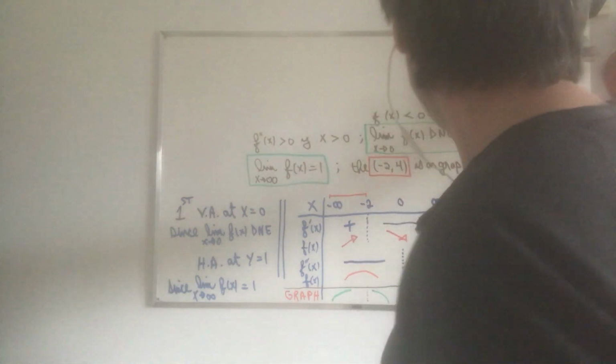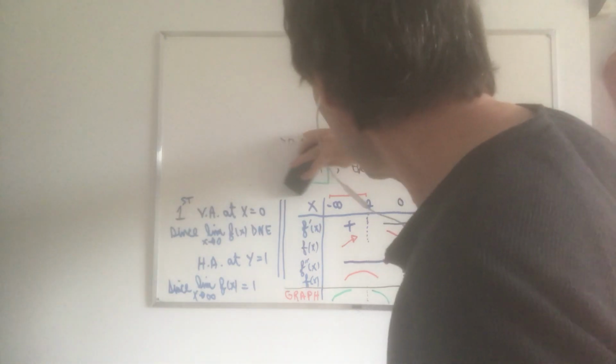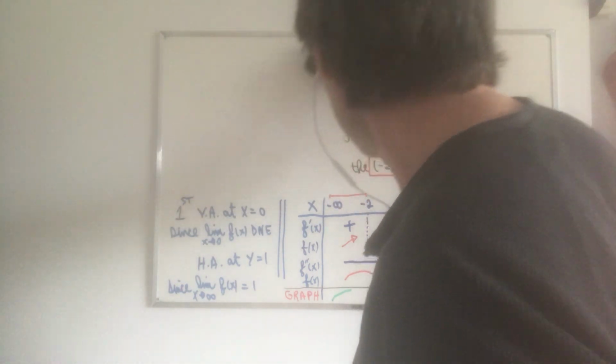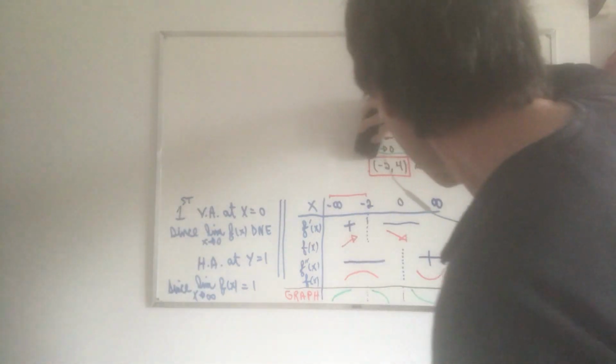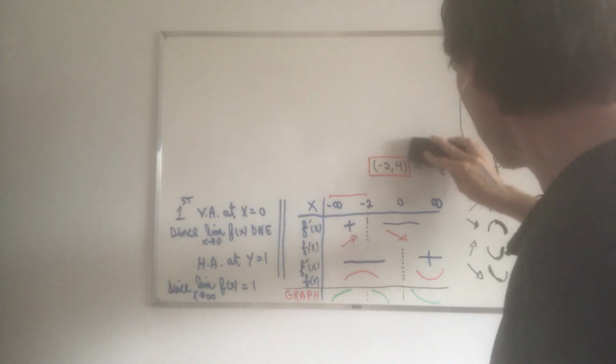Now that we've put all the information into the table, we don't need all this gibberish anymore. Okay, so we're going to give ourselves a Cartesian plane. Here's a y-axis that I'm going to draw as a dot, dot, dot.